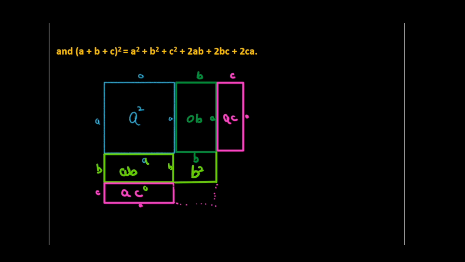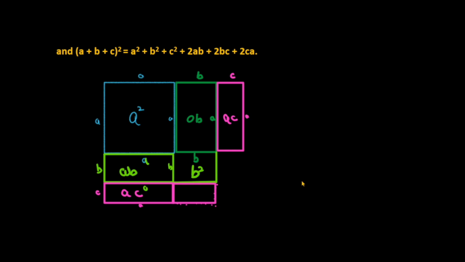Now this is the rectangle with length C and breadth B. So the occupied area is BC.